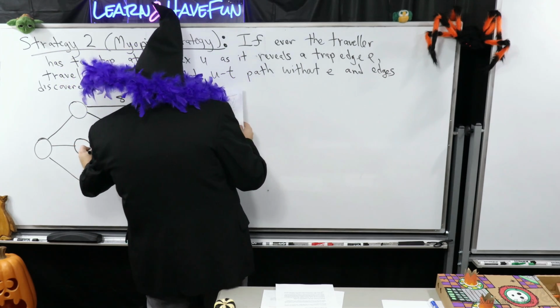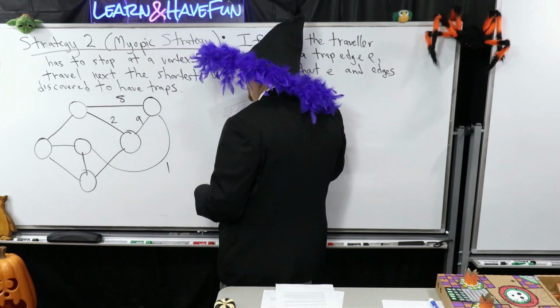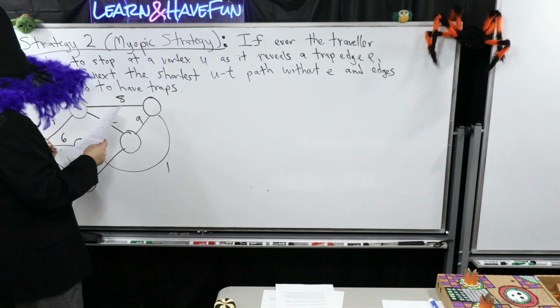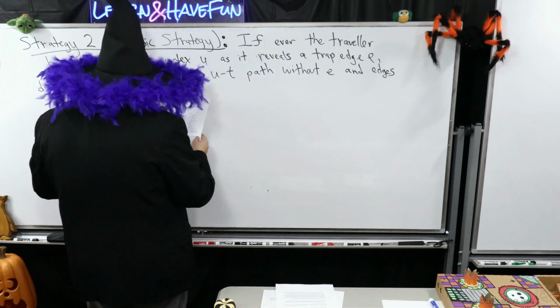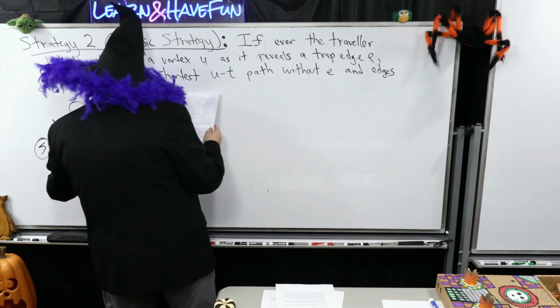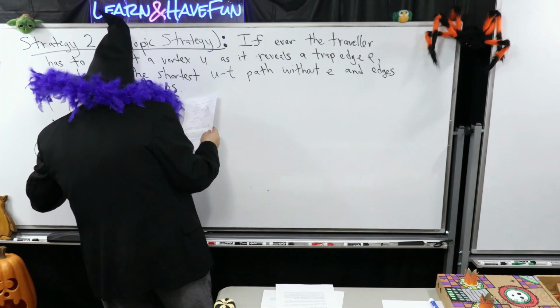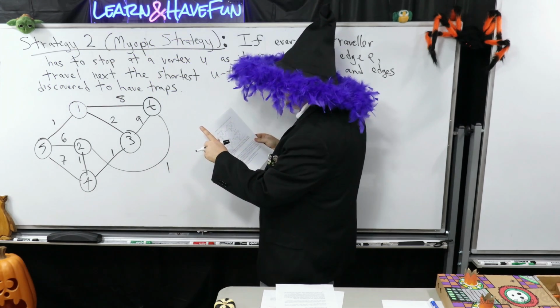This is the teleporter room. The teleporter room had that edge with weight 1, or length 1. 1, 6, 7, 1, 1. And I guess I've got to label the vertices: S, T, 1, 2, 3, and 4. There. I think I got all the edges.